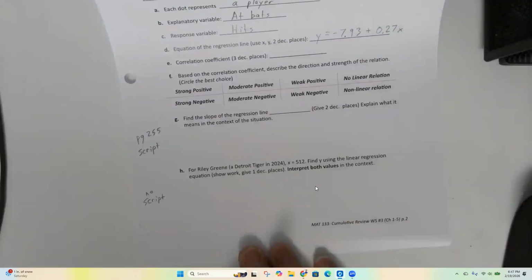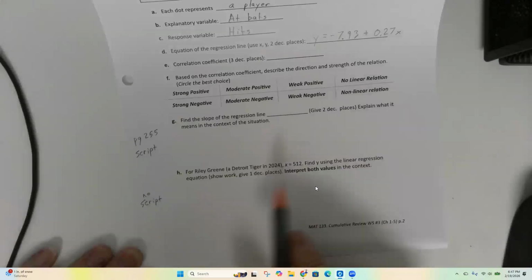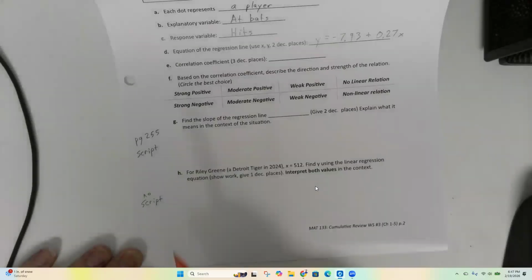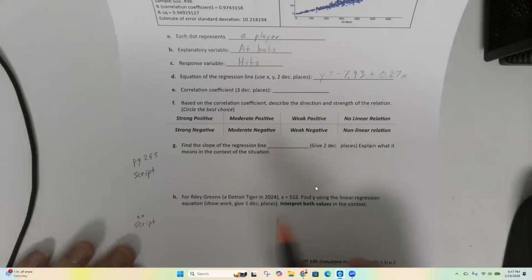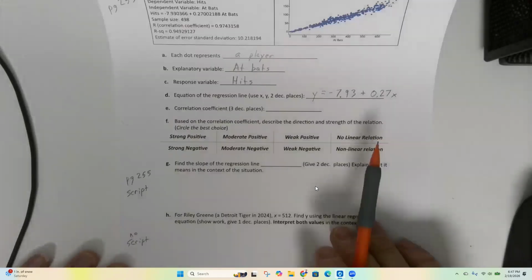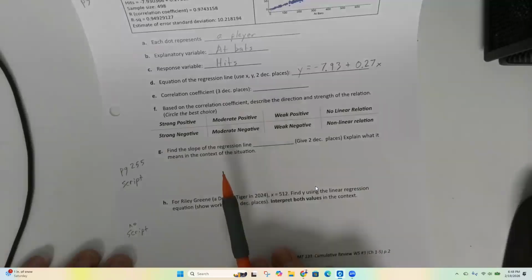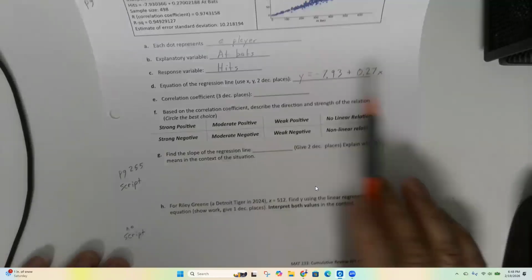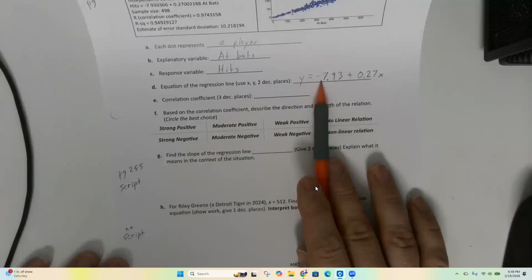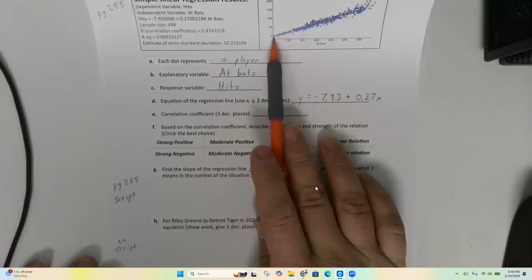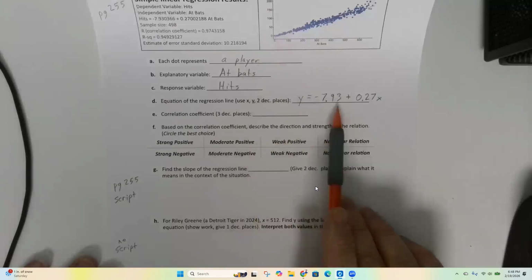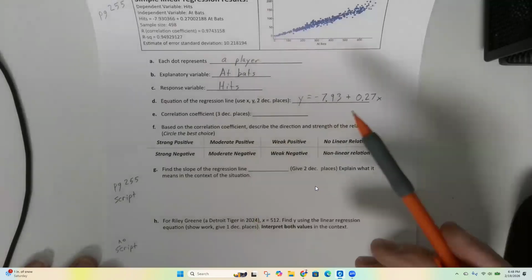Nice. Okay. I know it doesn't ask for the y-intercept, but a lot of times we ask, does the y-intercept make sense? In this case, the y-intercept is -7. So if you have 0 at-bats, can you have -7 hits? No, that doesn't make any sense, right?